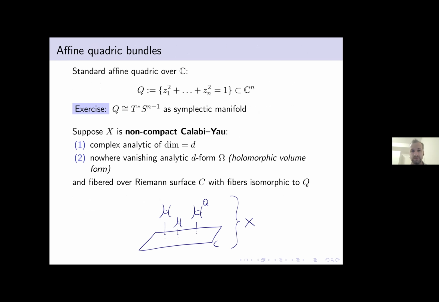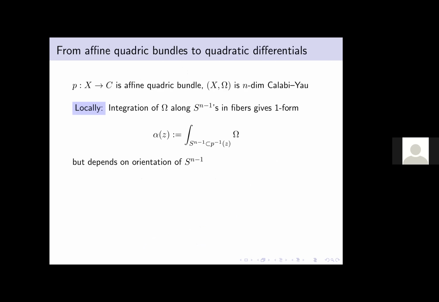Well, I just want that every fiber is isomorphic to this Q, or that it locally trivializes with fibers looking like this, and this doesn't have any deformation that I care about. Your X is a Calabi-Yau, right? So X is then an open Calabi-Yau. Yeah, great. But anyway, it's a real manifold.